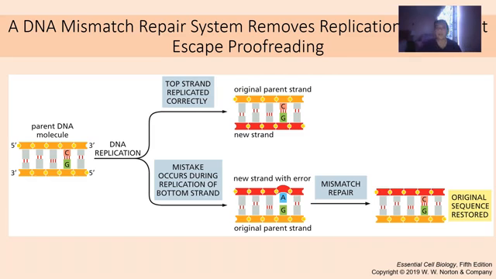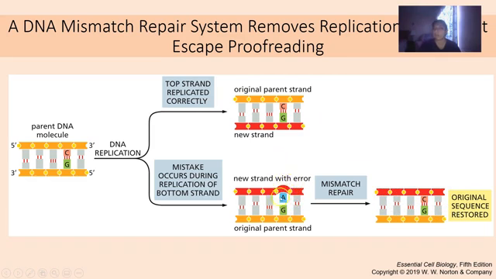In this case, when it notices that there is a mismatch in the replicated DNA, leading to a change in the shape of the DNA because of inappropriate hydrogen bonding, it will then remove that portion of that base pair, and it will re-fix that original sequence to restore it.